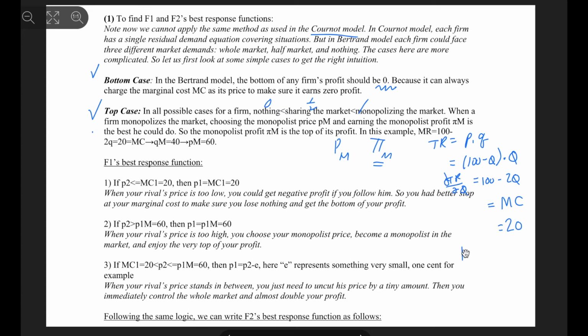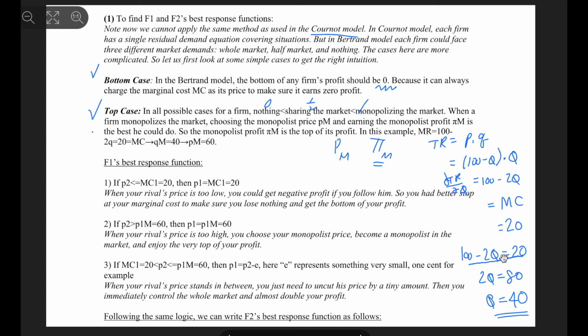So we set 100 minus 2Q equals 20, so 2Q equals 80 and Q equals 40. So when he's monopolizing the market, he will only produce 40 products, right? And he will charge the what?